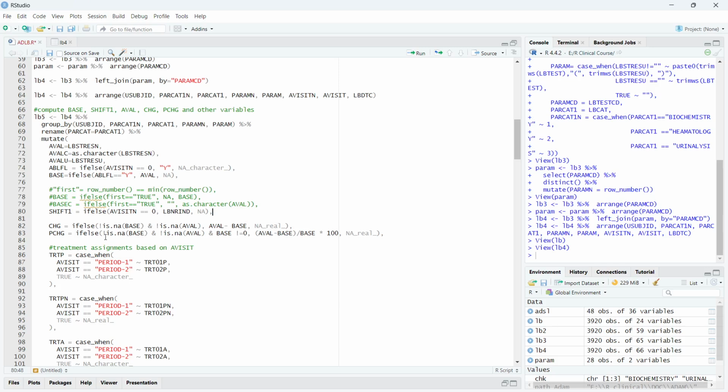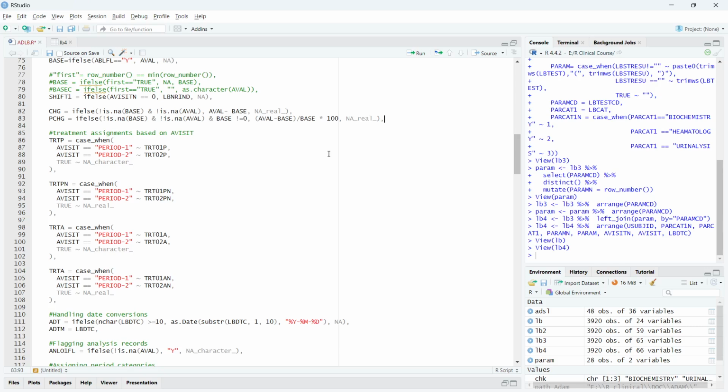And percentage change: if base is not equal to missing and eval is not equal to missing and base is not equal to 0, then we give eval minus base divided by base into 100. Okay, so this is a quite straightforward formula, but make sure you should not have any missing values, even in the base. Otherwise, if you have missing values, it will give missing.